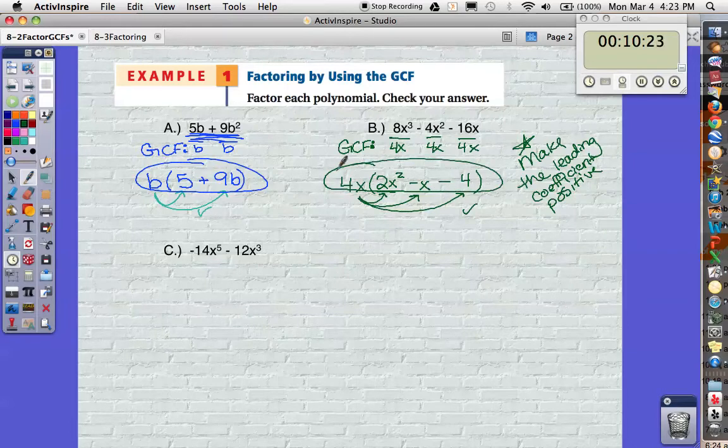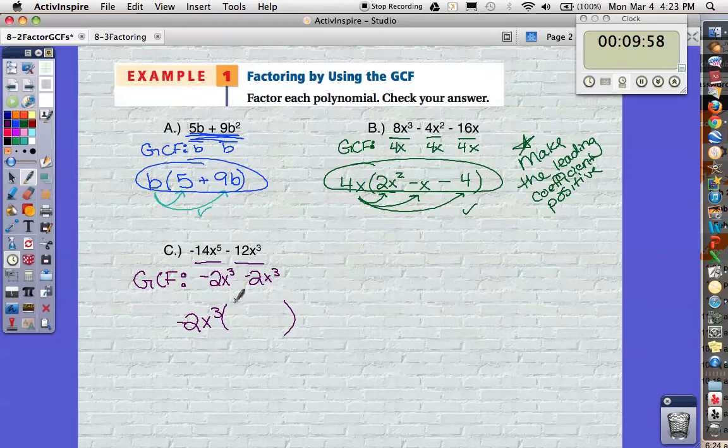Last one, guys, for C, GCF. Again, let's try to make that leading coefficient positive. So what can we take out of both of these? We can take out a negative 2x cubed. When you take that out, it's not going to disappear. You're going to put that on the outside and basically think about, what did I distribute to get that negative 14x to the 5th.